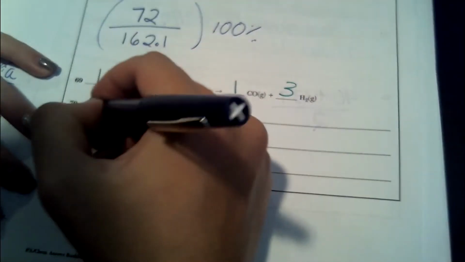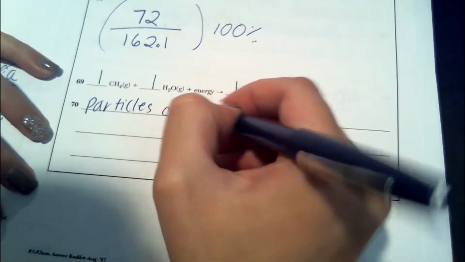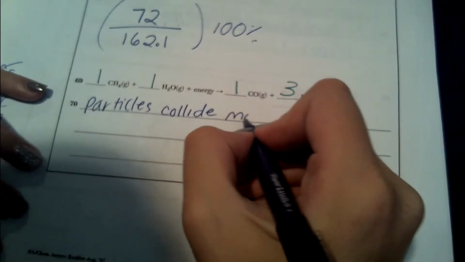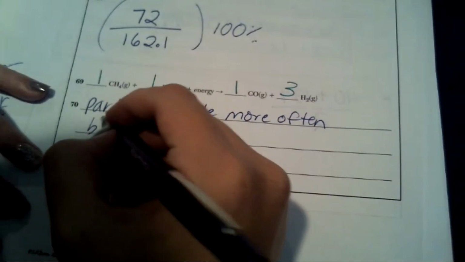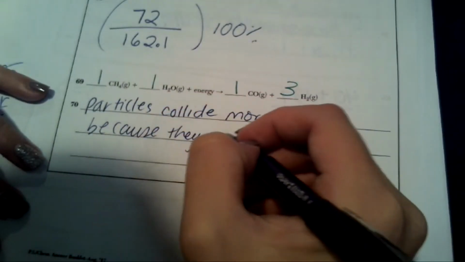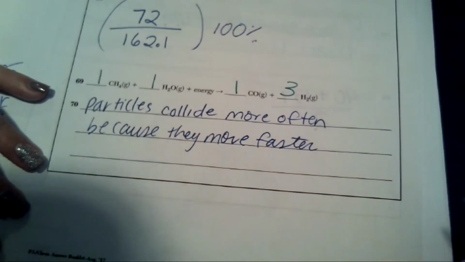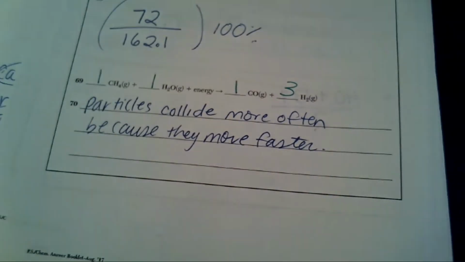So I'm going to write: particles collide, because that kind of references that in terms of collision theory. Particles collide more often because they move faster. Boom. That's it.